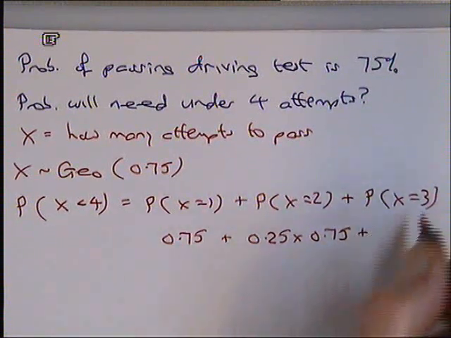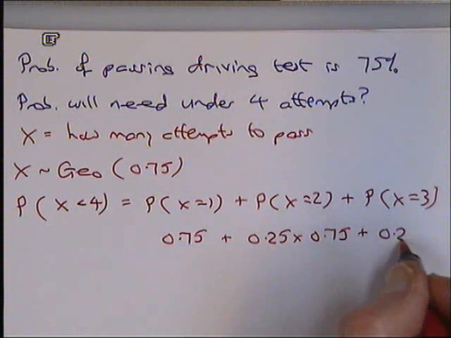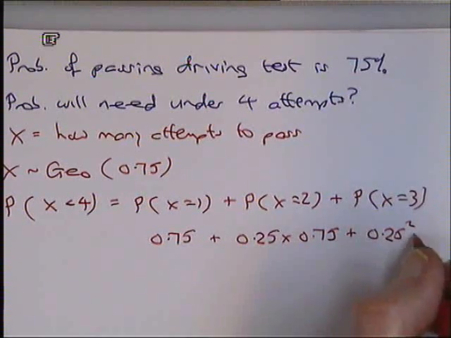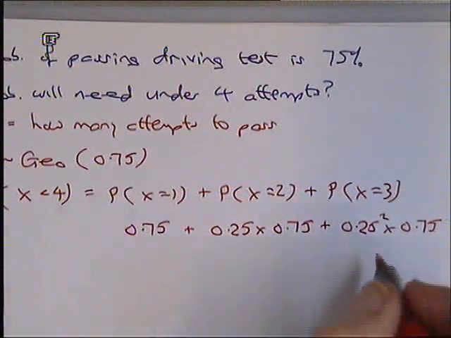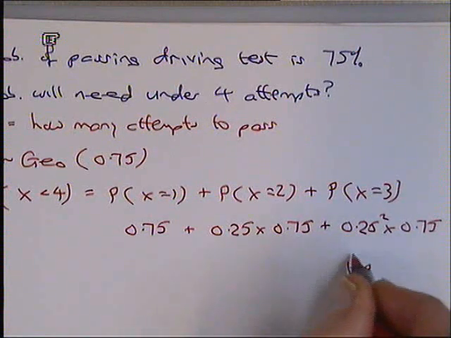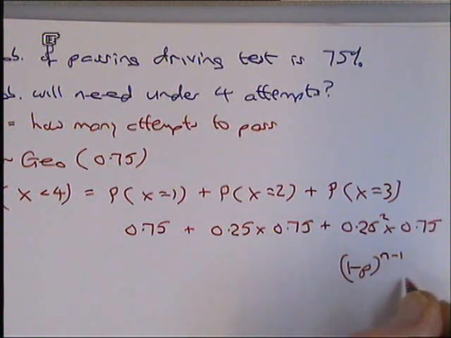And passing on their third attempt is their failing, that's 0.25 twice, and then passing on the third attempt. So actually we are using here the 1 minus p to the n minus 1 times p of the geometric formula.